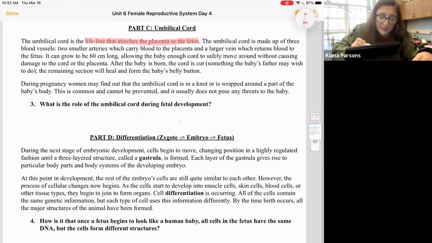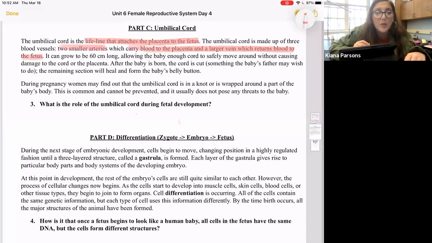The umbilical cord is made up of 3 blood vessels, 2 smaller arteries which carry blood to the placenta, and a larger vein which returns blood to the fetus. It can grow to be 60 centimeters long, allowing the baby enough cord to safely move around without causing damage to the cord or the placenta. After the baby is born, the cord is cut, something the baby's father may wish to do. The remaining section will heal and form the baby's belly button.